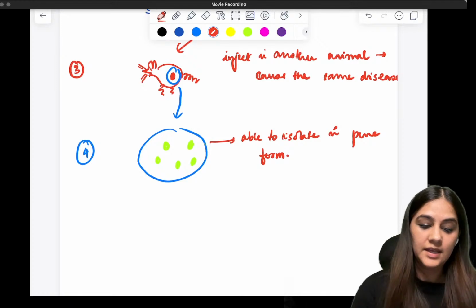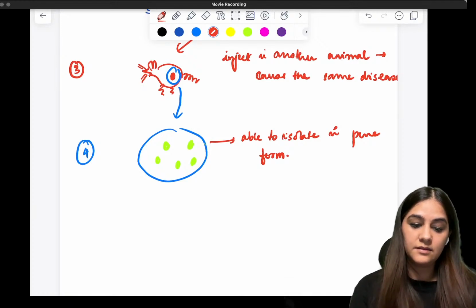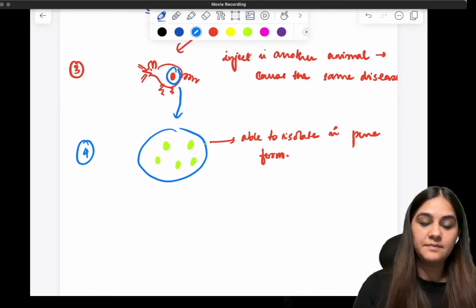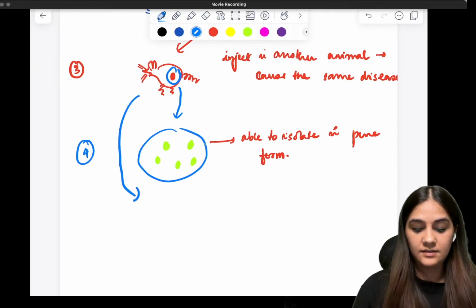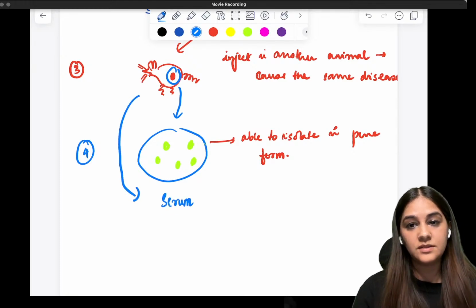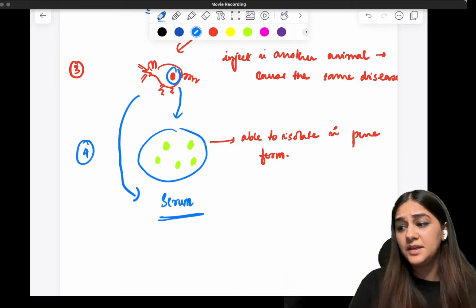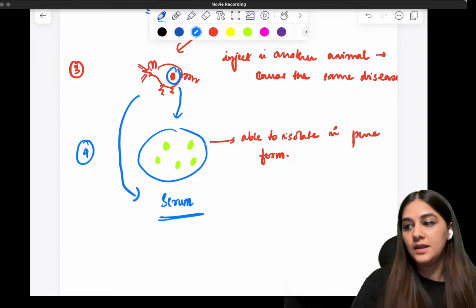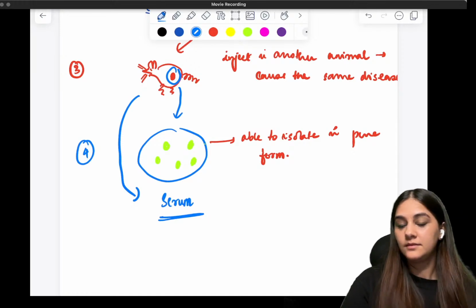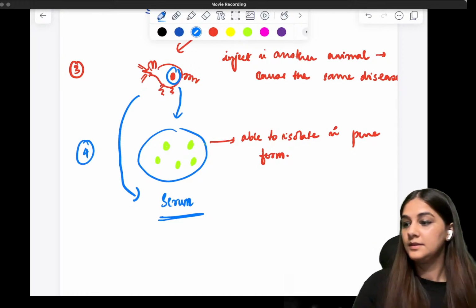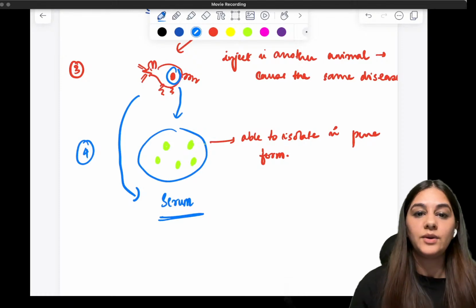Then what he said, if from this mouse only, I take serum of this mouse, what is this serum going to show me? Is everybody able to hear me? Great. Okay.